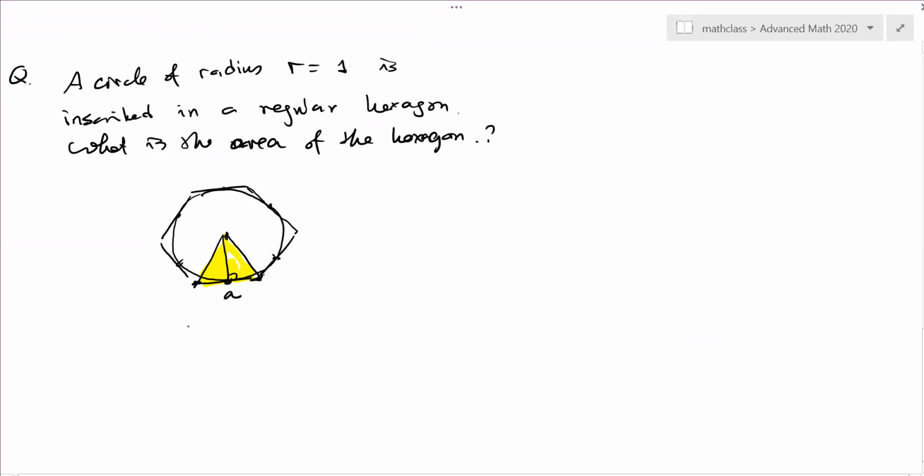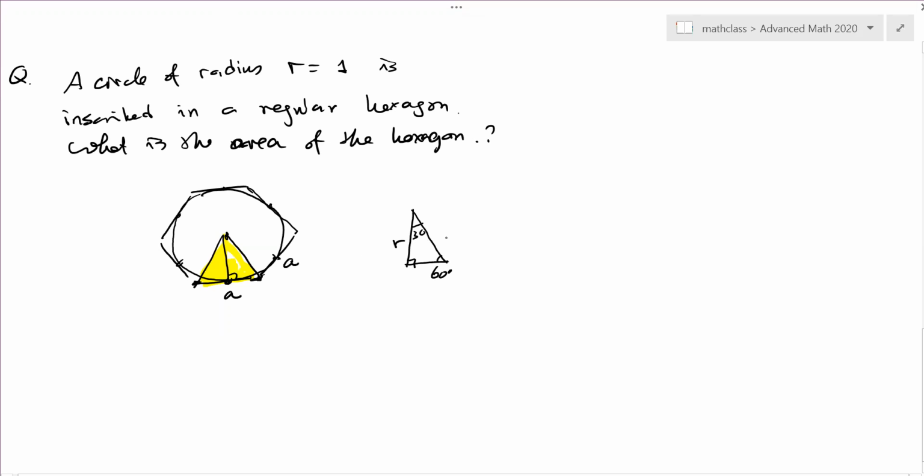So this side is a, right? As you can see, the height, this height is the radius, right? And so this is a special right triangle, 30 degrees and 60 degrees.